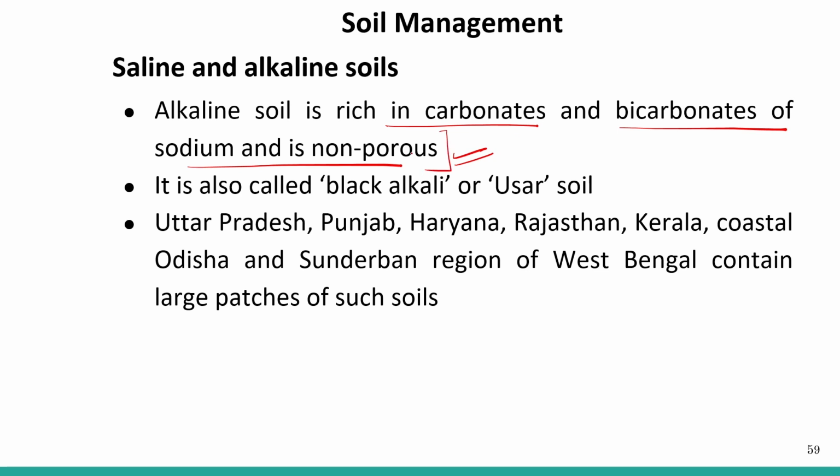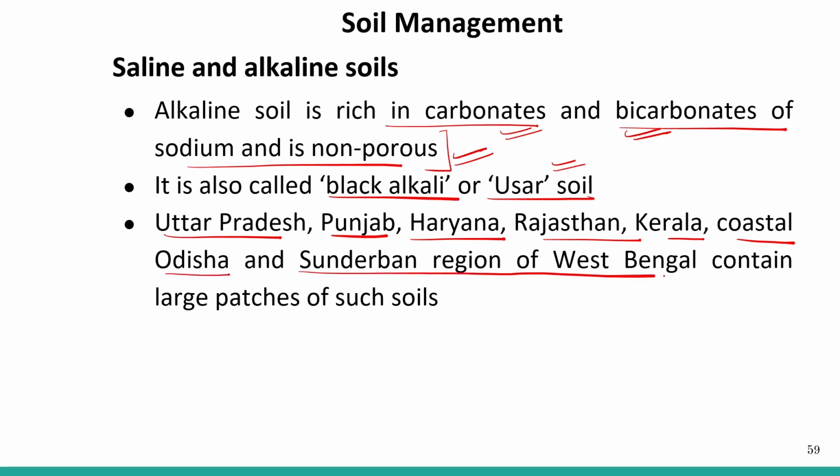So there is no porosity, no clay and no humus. It is called black alkali or ooser soil. Uttar Pradesh, Punjab, Haryana, Rajasthan, Kerala, coastal Odisha, and the Sundarban region of West Bengal contain large patches of such soil.